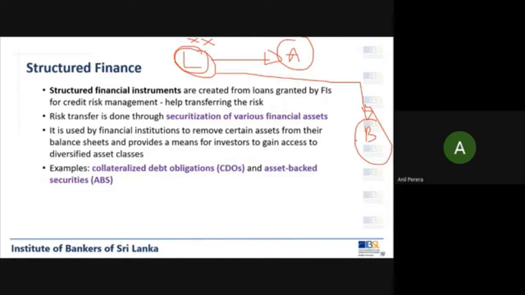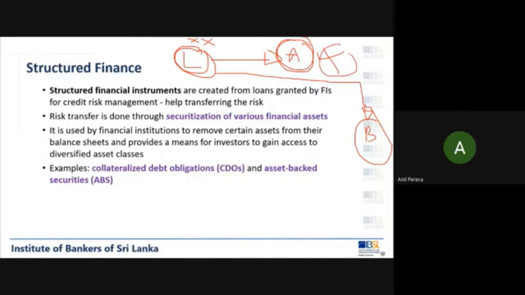What do you securitize? You securitize the credit risk of this loan. Such instruments are referred to as structured products. By structuring, you are removing certain assets from your balance sheet and you clean the balance sheet. Usually people do this when the borrower is a subprime borrower, or there is some risk that he will not pay, right?